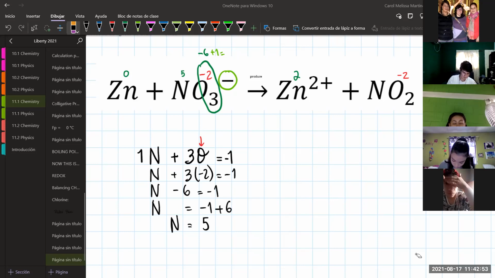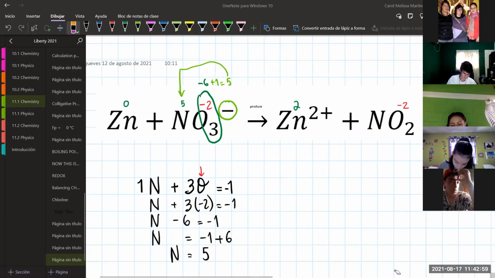And this 5 is the same 5 that I got over there. So you can do it mentally, or you can do the procedure below. It doesn't matter, okay? Both ways are good ways to do it. One is faster, the other is not that fast, but the two numbers are correct.